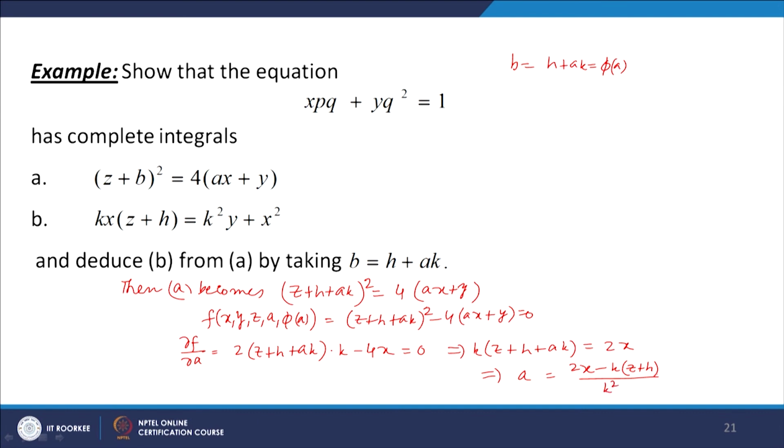Now, let us eliminate a between this equation and this equation. So, let me call it 1 and this 2.